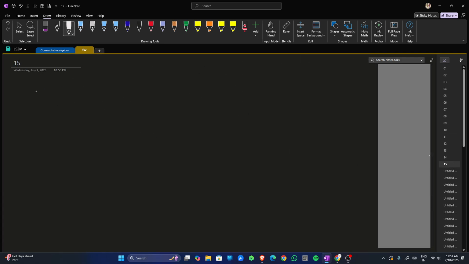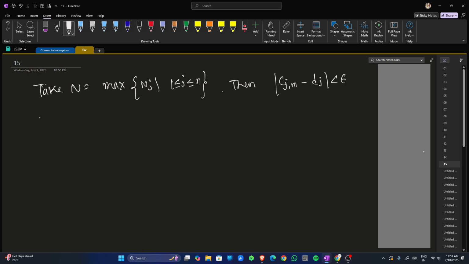Okay, take n as the maximum of the nj. Then cjm minus dj is less than epsilon for all m greater or equal to n.